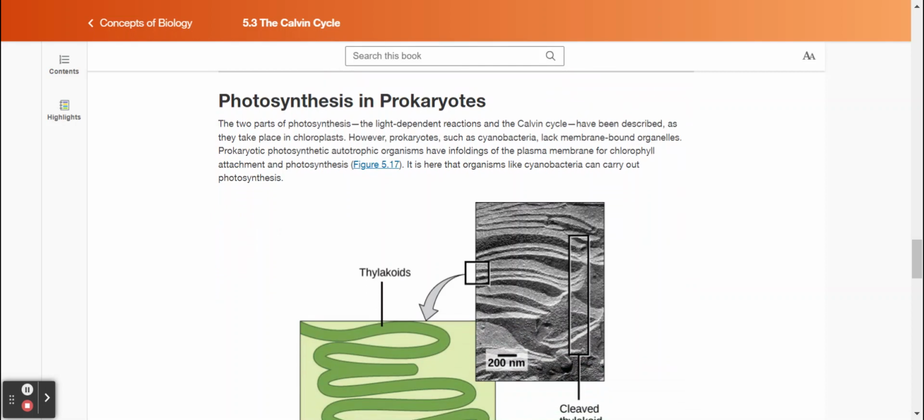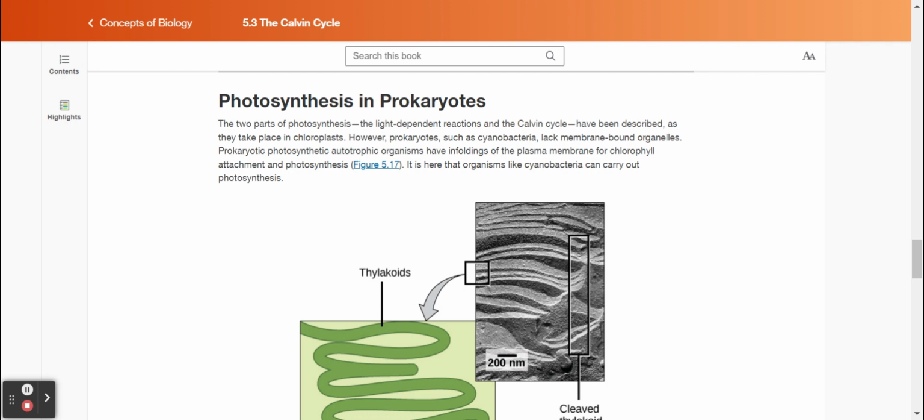Photosynthesis in prokaryotes. The two parts of photosynthesis, the light-dependent reactions and the Calvin cycle, have been described as they take place in chloroplasts. However, prokaryotes, such as cyanobacteria, lack membrane-bound organelles. Prokaryotic photosynthetic autotrophic organisms have infoldings of the plasma membrane for chlorophyll attachment and photosynthesis.